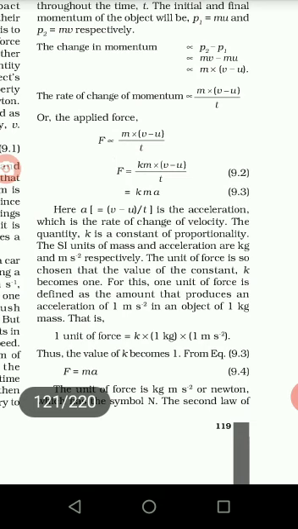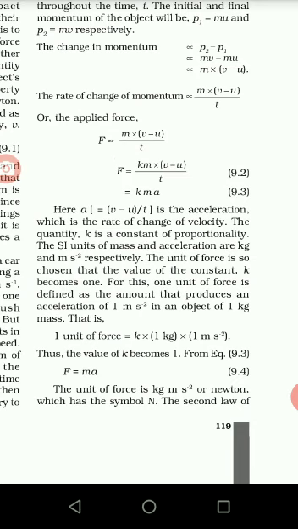Now we select the unit of force in such a way that when m equals 1 kg and a equals 1 meter per second square, F equals 1 Newton, therefore k equals 1.